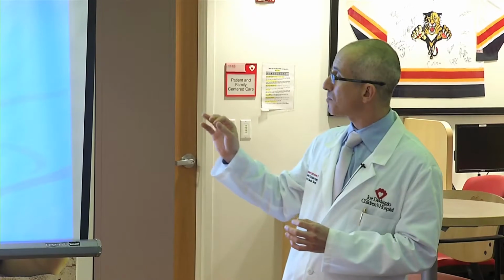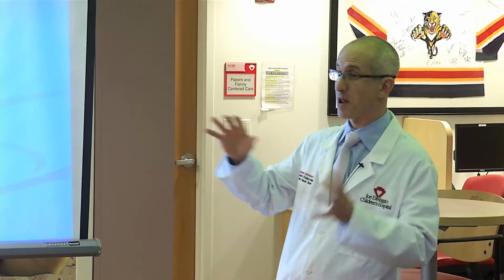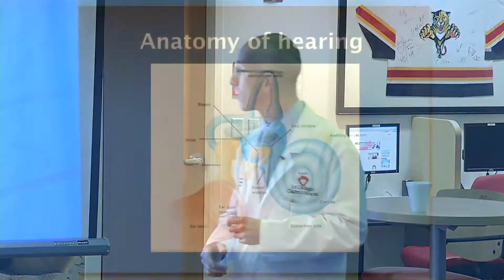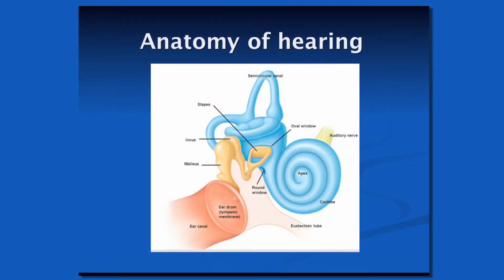And they send that pressure wave to the inner ear from an air pressure wave to a fluid wave, which is the inner ear. So that stapes works as a piston with that sound wave, and it moves the fluid within the inner ear. It creates a wave in the inner ear, and that fluid moves through the cochlea.